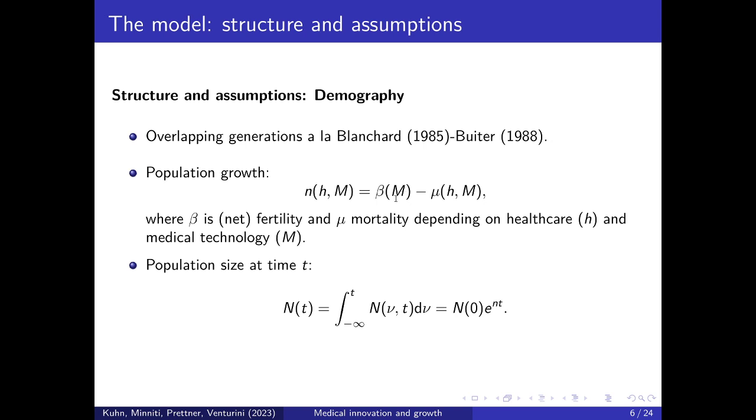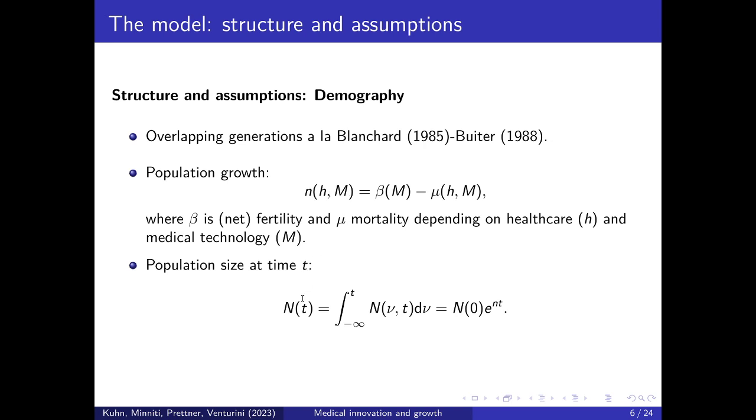So medical progress reduces child mortality and therefore increases the net fertility rate. Here, healthcare investment does not show up yet because the assumption is that lowercase h is basically benefiting people over their life cycle. So if a person is born, they do not yet have healthcare spending. And the population growth rate is then the difference between the two and depends also on healthcare and medical innovation.